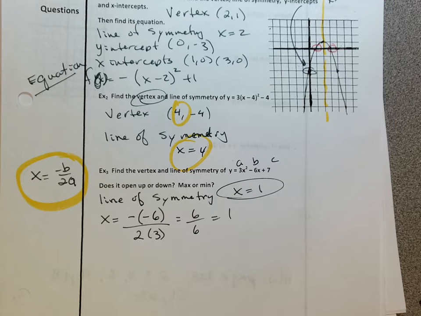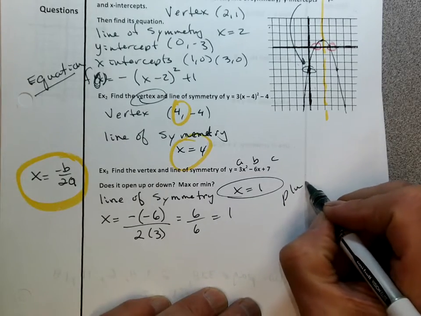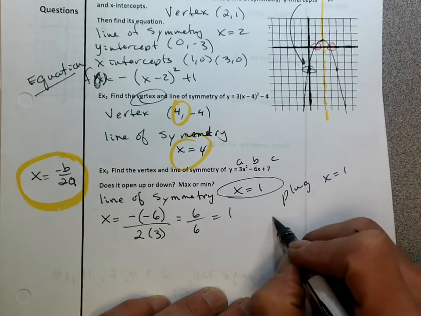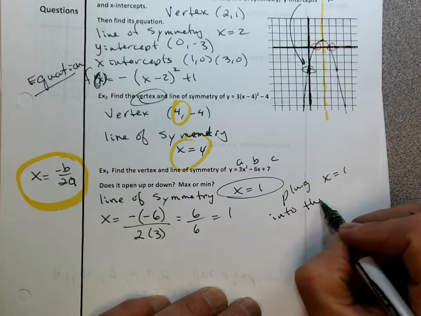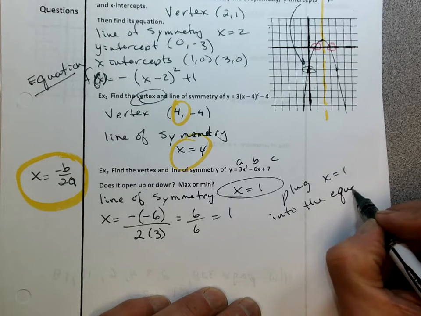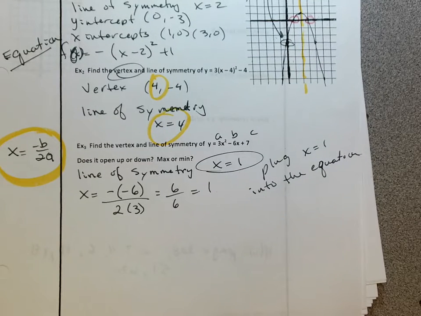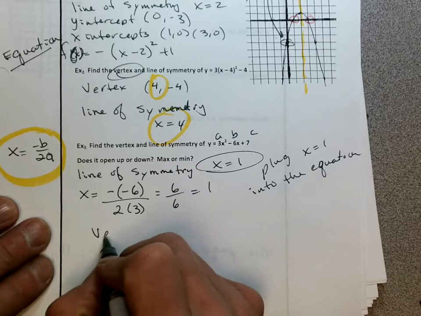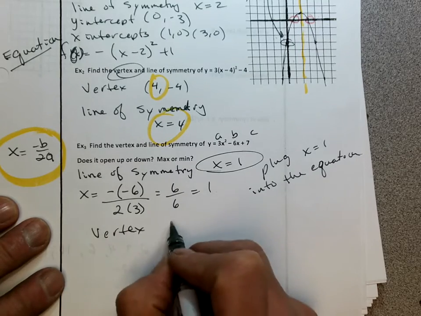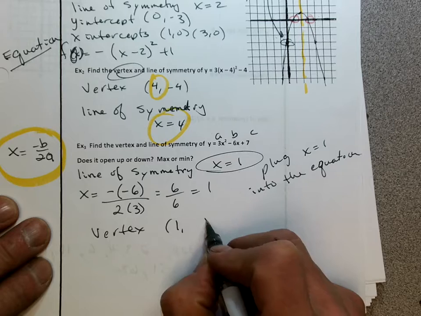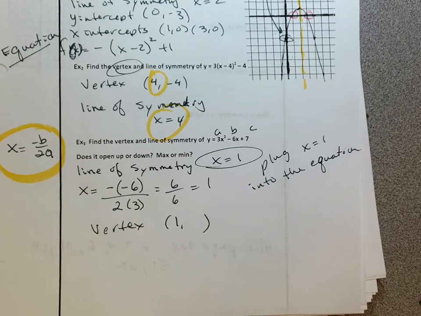So let's plug x equals 1 into the equation to get its corresponding y value, because we know that our vertex is 1, something. To get the something, we'll just plug it in.